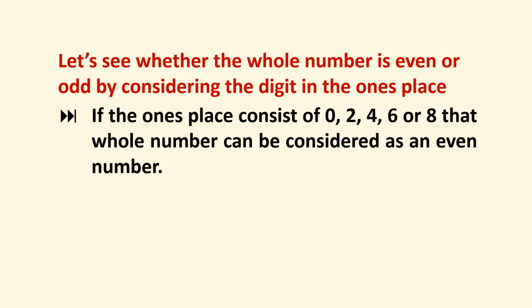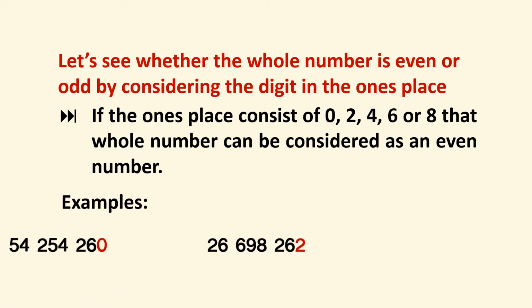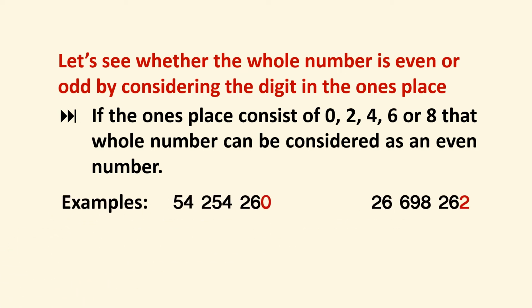We'll go for some examples. My first number is 54,254,260. There you can see the digit in the ones place is 0. Since 0 is an even number and 0 is included there in our list above, therefore I can say 54,254,260 is an even number.